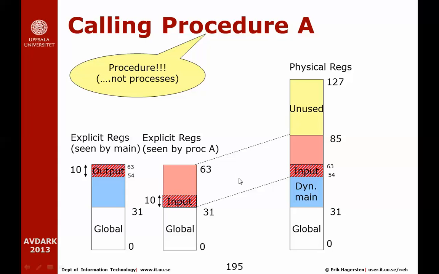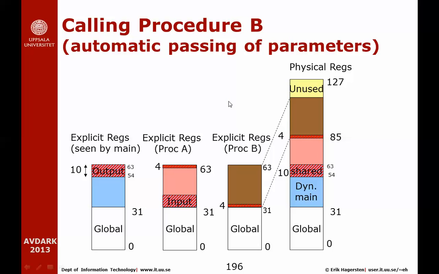So we can pass parameters between a caller and the procedure without doing any copying of registers, and we can just let the old values used by main in these registers stay, because nobody will be able to overwrite them.